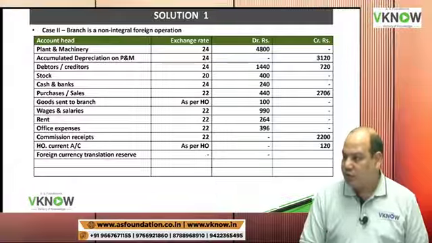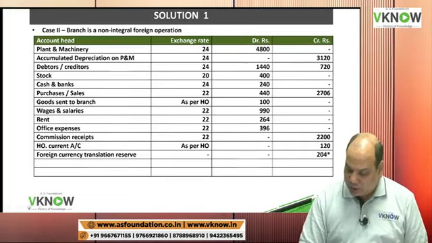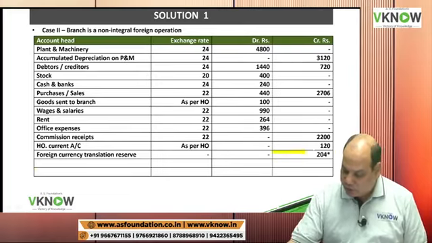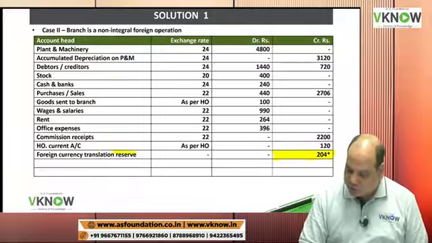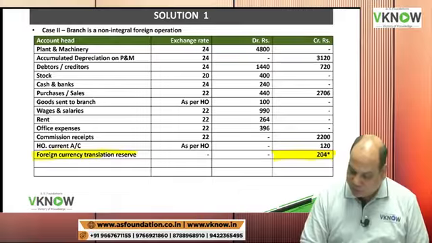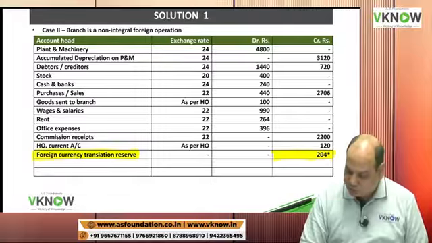So you will say the difference will come in the credit column as FCTR and it will remain here. It will not be transferred to the P&L account. It will be transferred to the P&L account when the branch is closed.